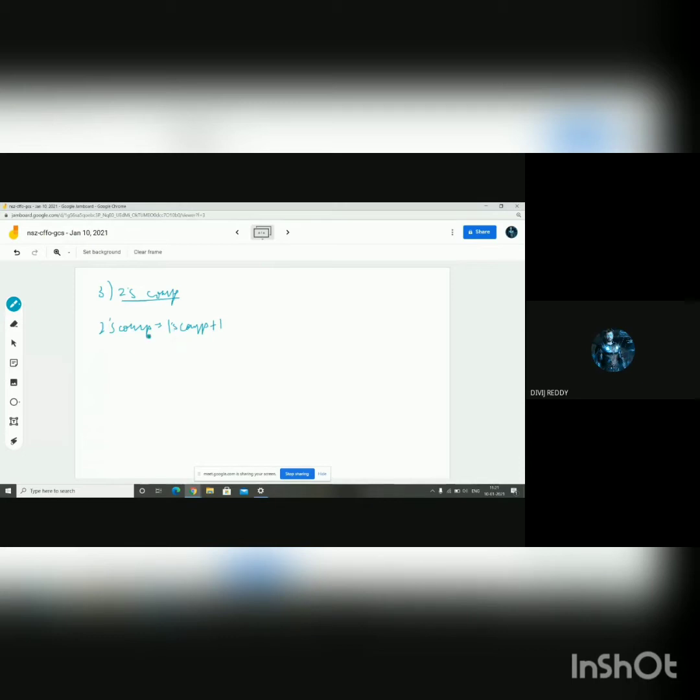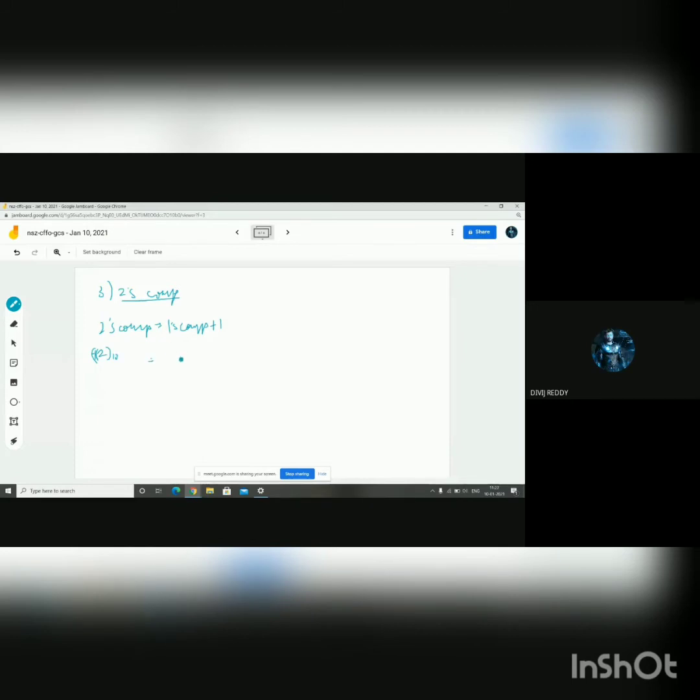So we will again take the same example, minus 12. Firstly we have to take its one's complement.